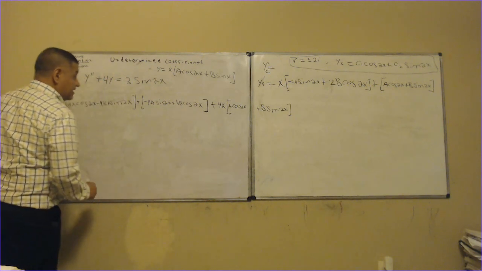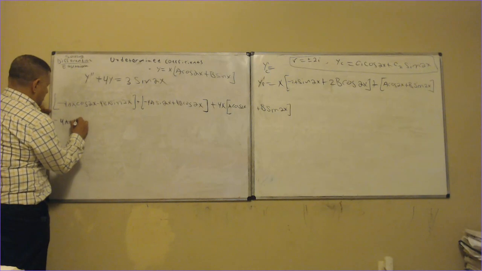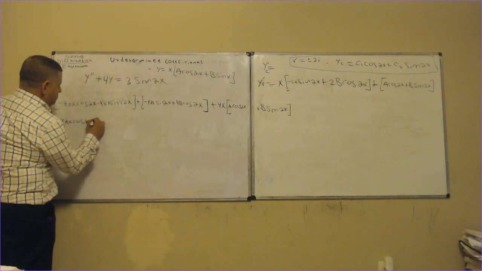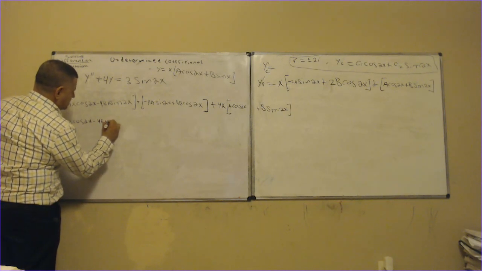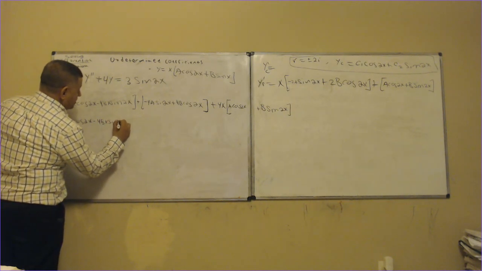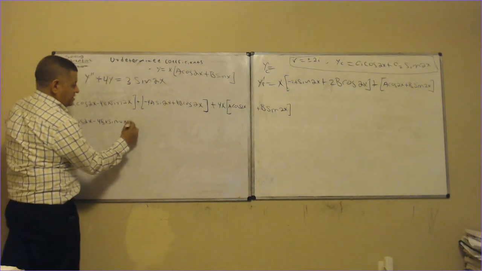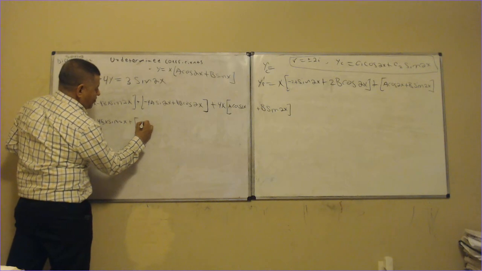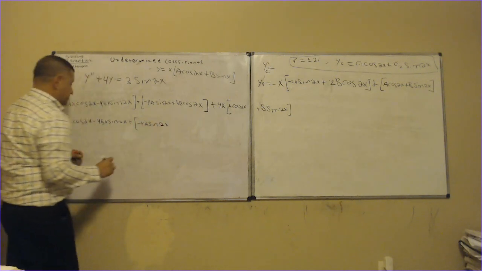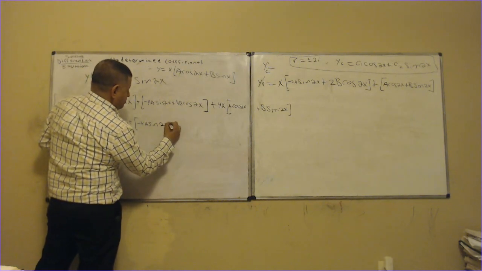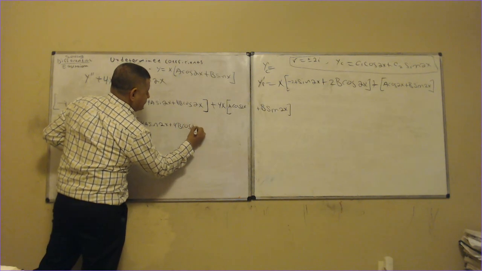Okay, let's write everything down again. 4ax cosine of 2x minus 4bx sine of 2x plus negative 4a sine of 2x plus 4b cosine of 2x.